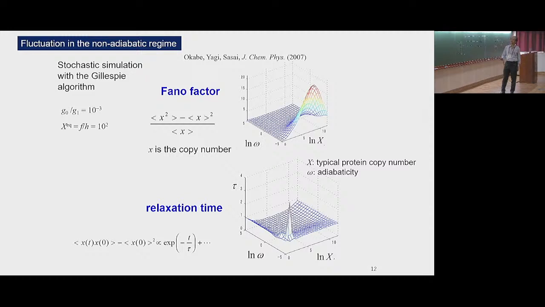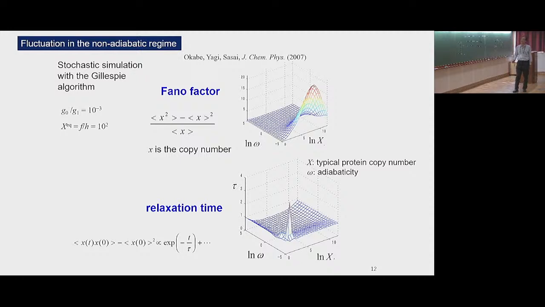This is a plot for Fano factor with the adiabaticity parameter and the parameter for the typical protein number. And if log omega is negative, which means this is the non-adiabatic regime, we have the enhanced big noise production with some particular x.